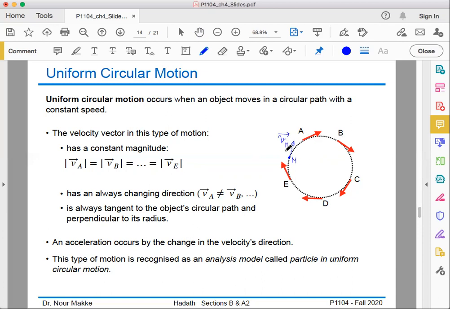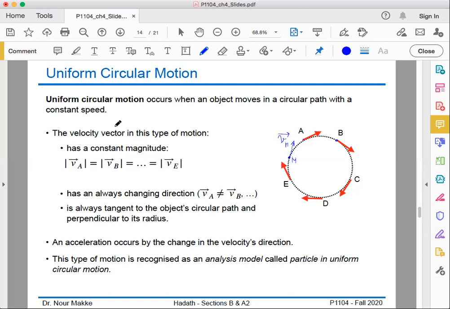Now, the point is that along this trajectory, whenever you draw this velocity vector, whether at point A, B, C, D, or E, the direction of the velocity changes. However, the magnitude is all the time the same. So we can write that the magnitude of the instantaneous velocity at point A is equal to the magnitude of the instantaneous velocity at point B, etc. However, this velocity always has a changing direction.